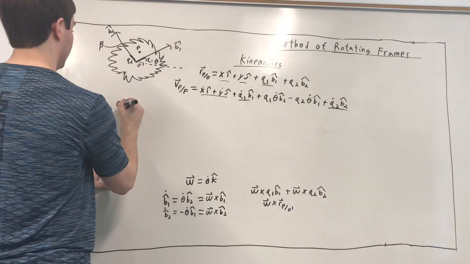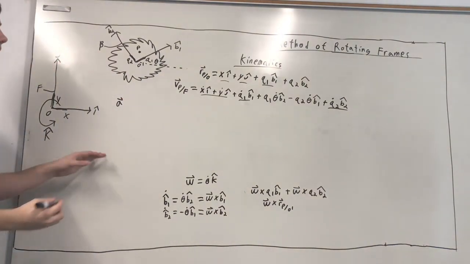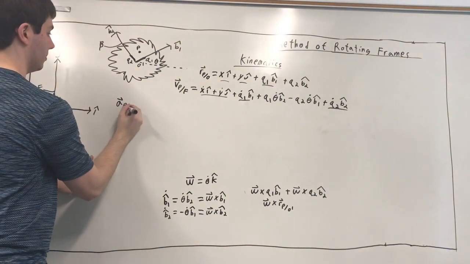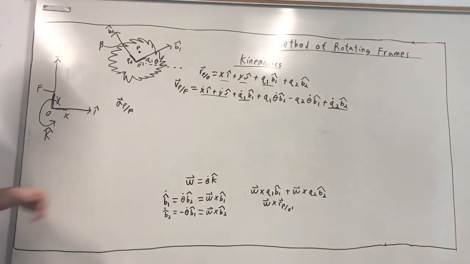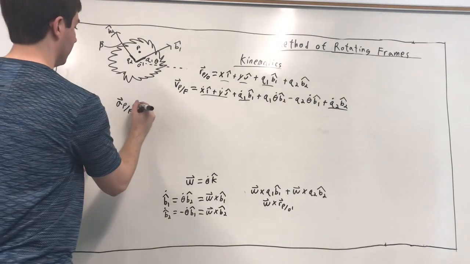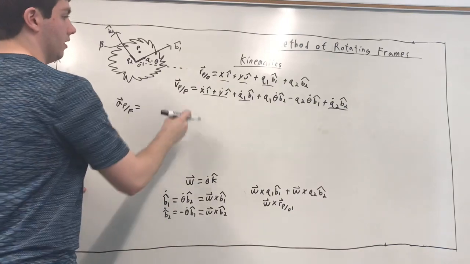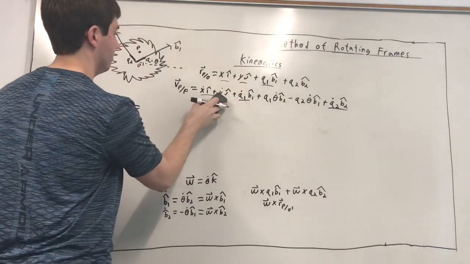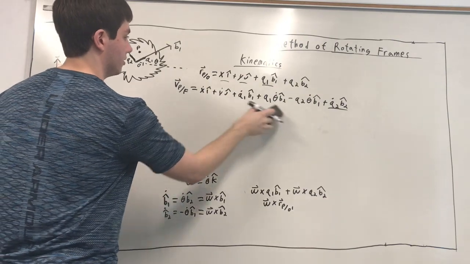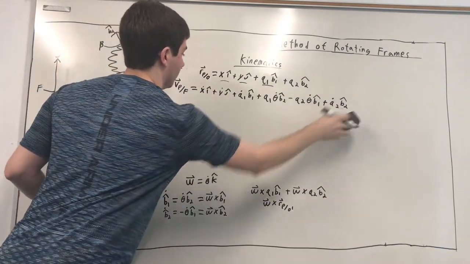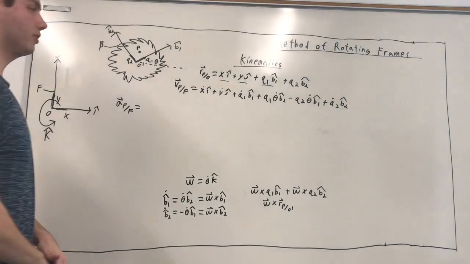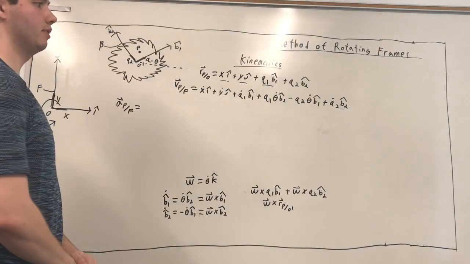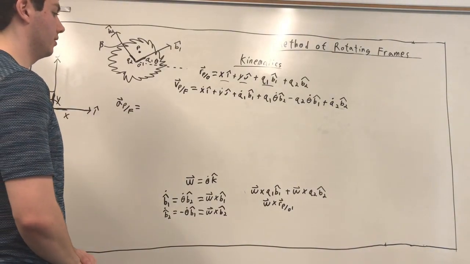So here you'll have the acceleration of p with respect to the fixed frame equals the derivative of this whole thing with respect to time. Okay, now I'm going to try not to mess this up. There's a lot of terms, a lot of derivatives, but I'm going to do my best.